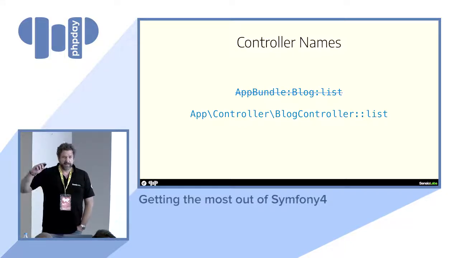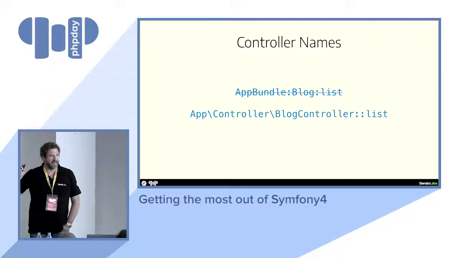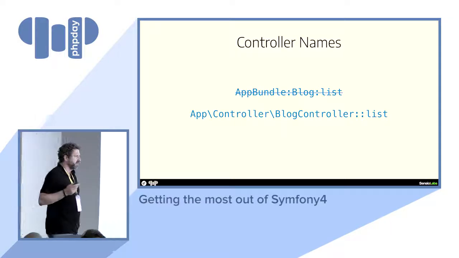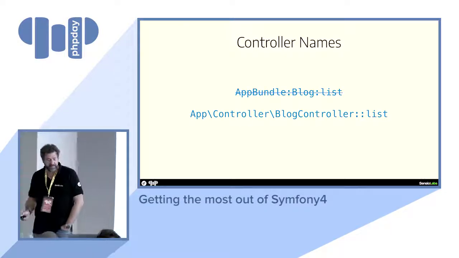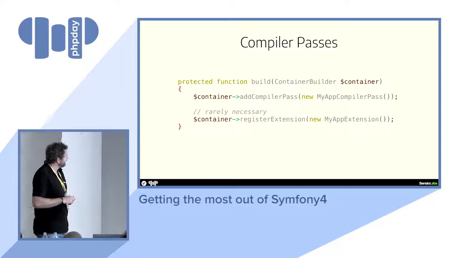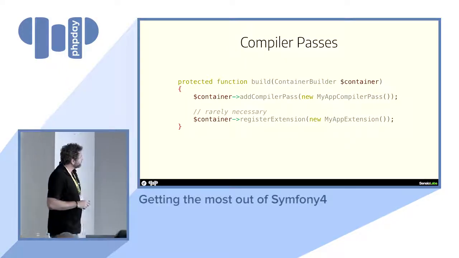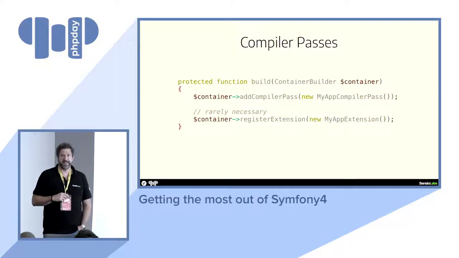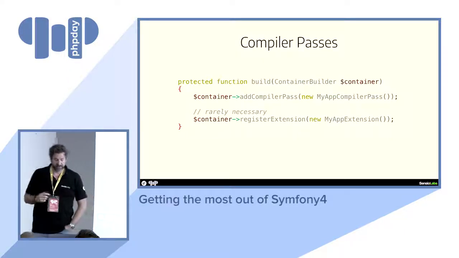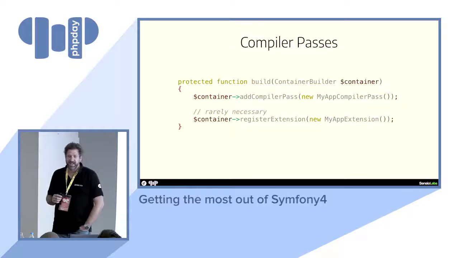A few things. Some of you might be asking, how do I use dependency injection extensions and compiler passes? I can actually register them in the application kernel now, because we have a build method in the kernel.